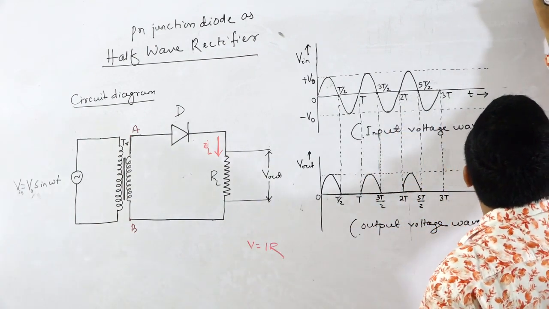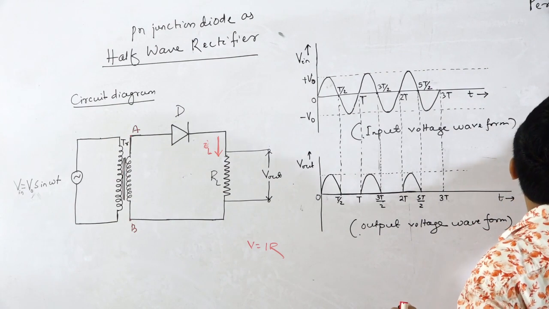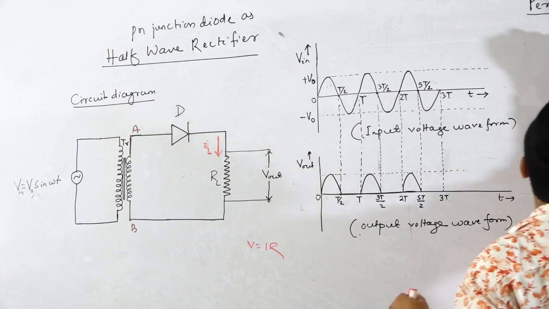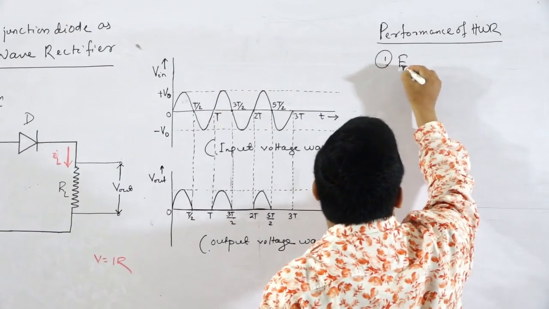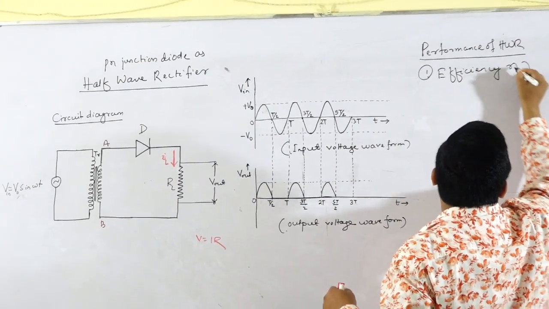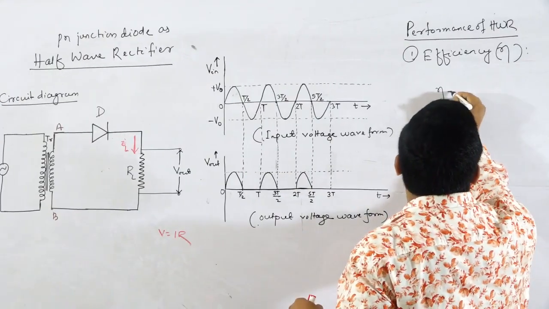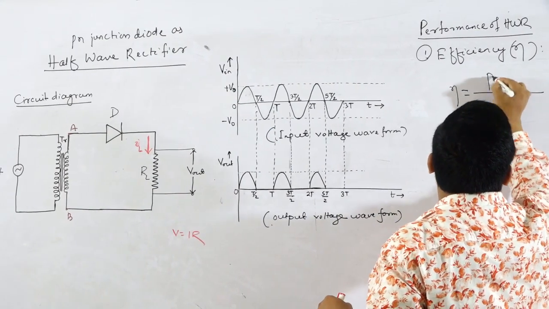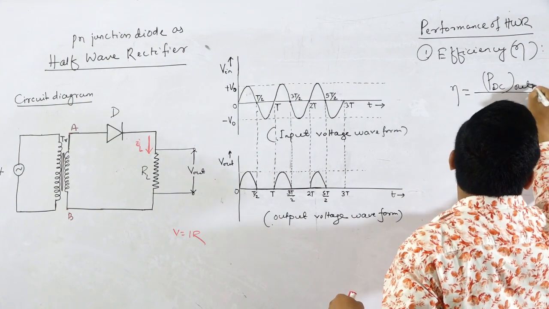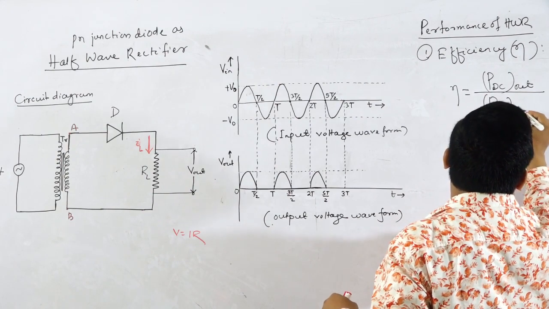The first performance parameter of the half wave rectifier, number one, is efficiency, denoted by the symbol eta. I have already explained that efficiency eta is the ratio between output DC power, P DC out, and input AC power, P AC in.